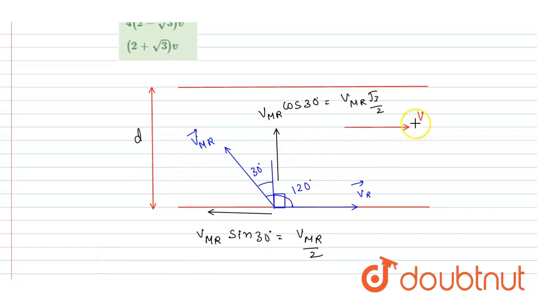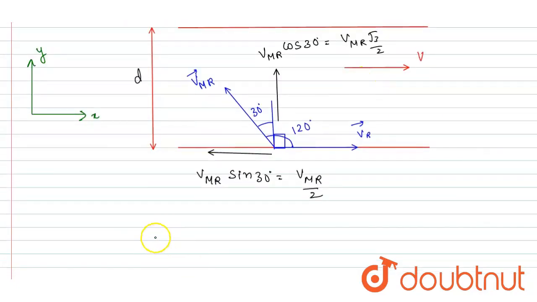So time to cross this river will depend only upon this perpendicular component, perpendicular to the river flow. Here this component is x and this component is y. So the time to cross the river will only depend on the y component, that is root 3 by 2 VMR, right? So I will write Vy is equal to root 3 by 2 VMR.